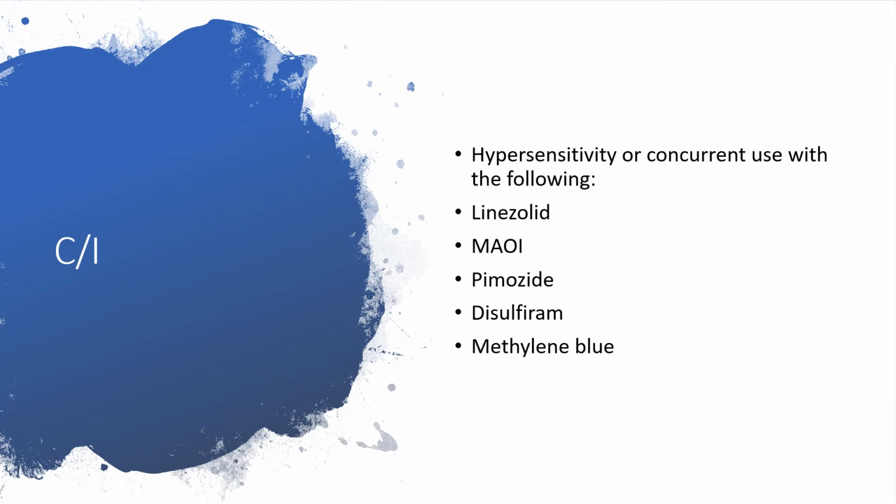You can check my channel for linezolid. Monoamine oxidase inhibitor. There must be 14 days gap before you can start SSRI, even if you have stopped monoamine oxidase inhibitors. Pimozide, disulfiram, and methylene blue. Anyone on any of these is not qualified to take SSRI.